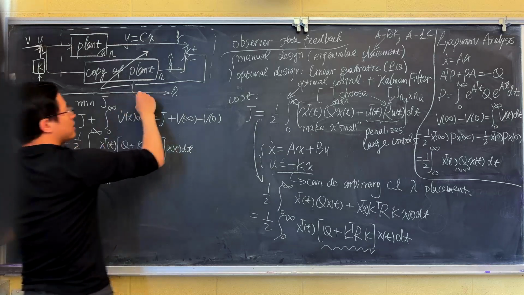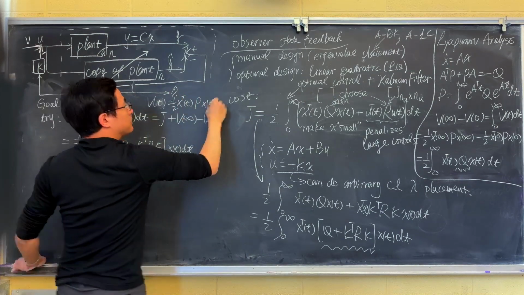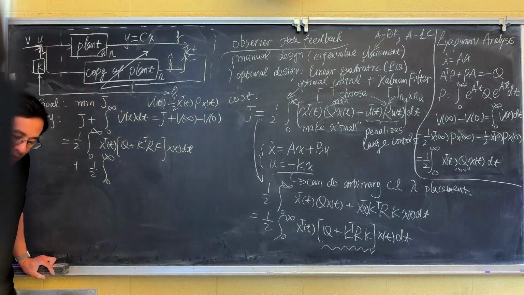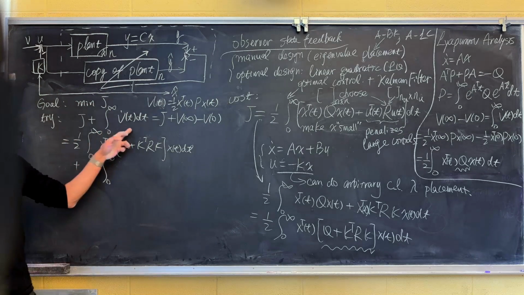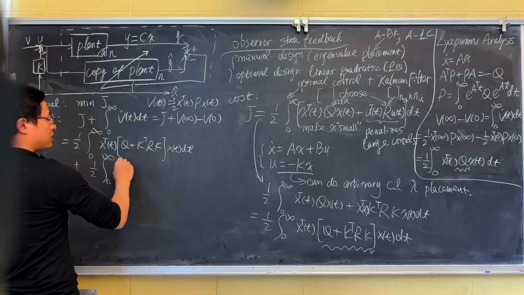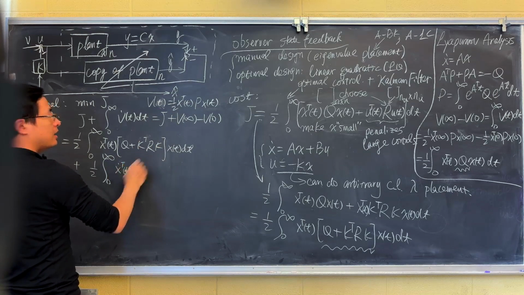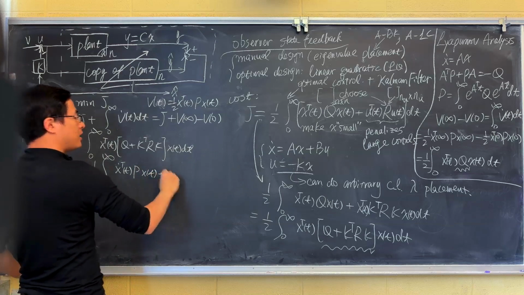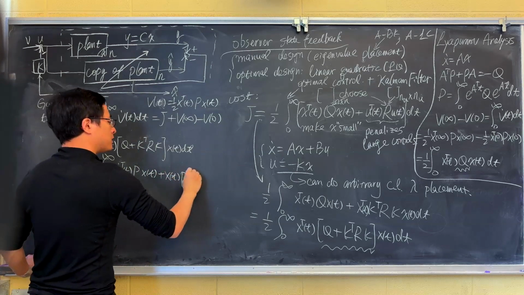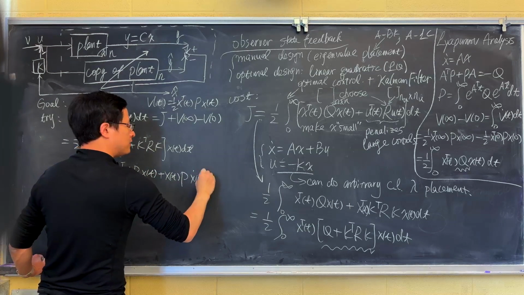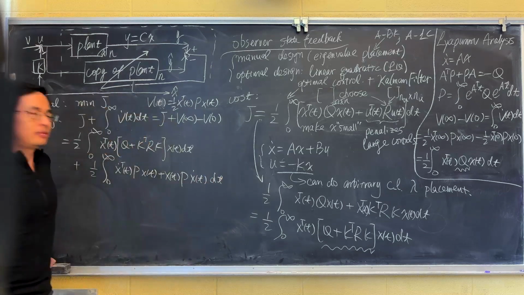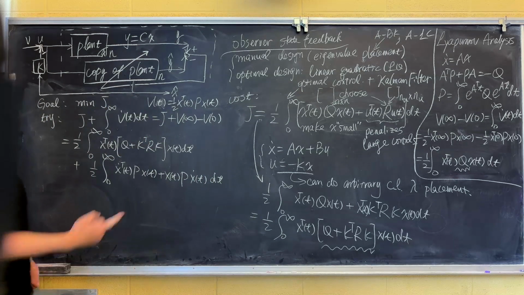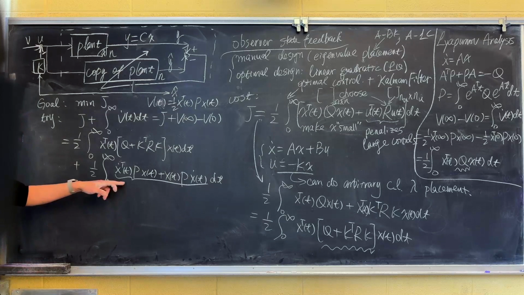So V is our usual candidate of the Lyapunov function, that's V. So V dot becomes, the usual computation, X dot transpose Px plus X transpose P X dot.